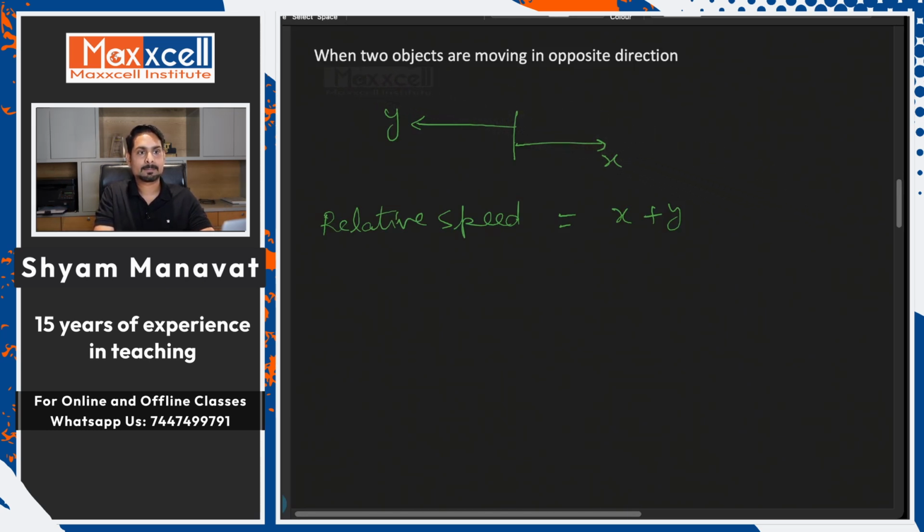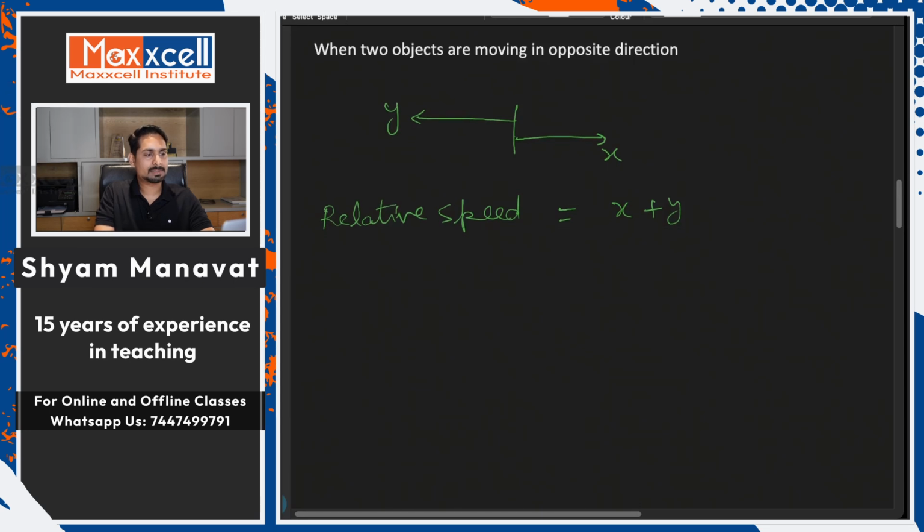What does this mean? Let's take one example. Say you and your friend started from one point, and after dinner you go to your respective homes. Your friend from the restaurant is moving in this direction, and you are going in the opposite direction. Your speed is 40 kilometers per hour, and your friend's speed is 60 kilometers per hour.